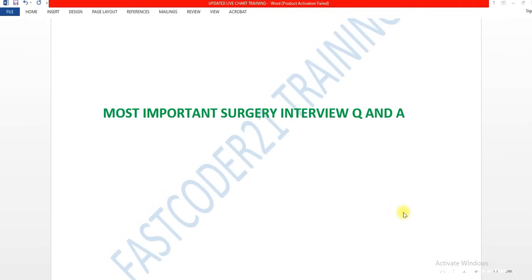Will you code one code or two codes? Two codes, perfect. Why? Because there are two different anatomical structures, correct? So you need to code two codes. And which modifier will you append? 59. Only 59, not 25, since 25 is for E&M.